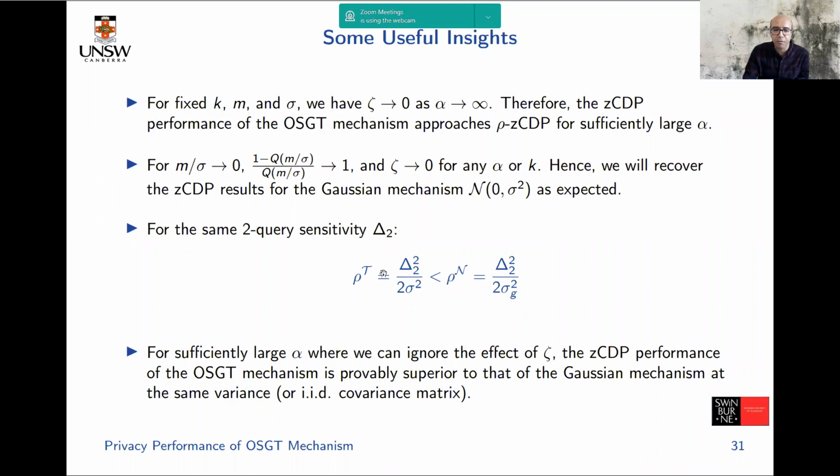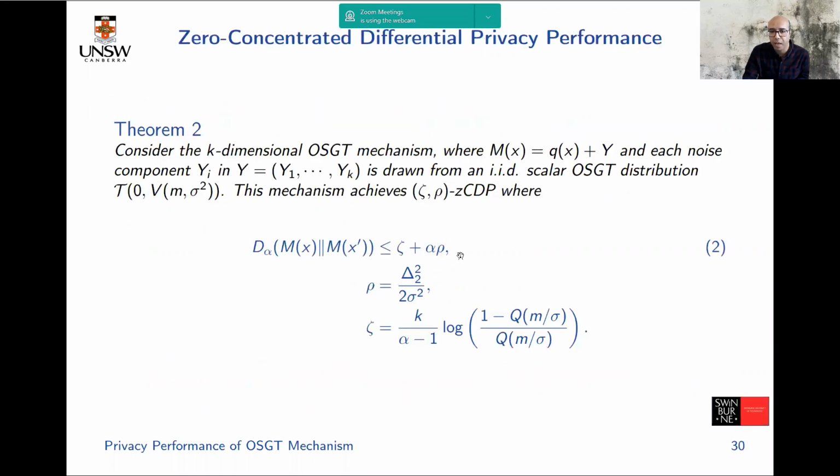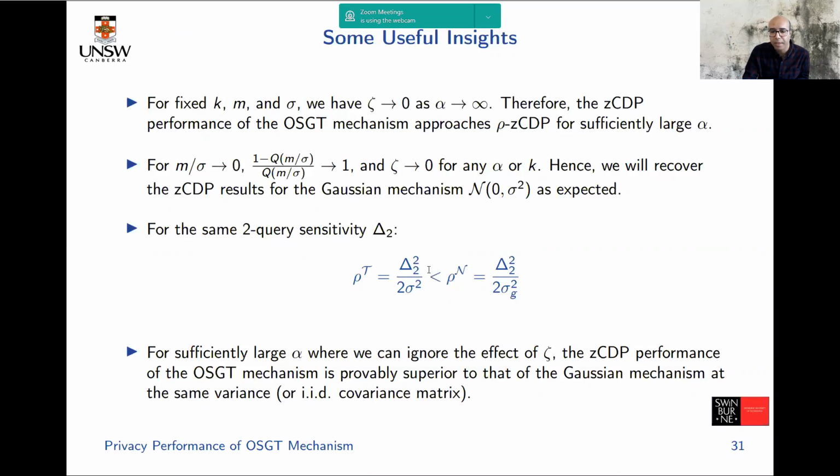And in general, for the same L2 query sensitivity, we can say that rho, which is the zCDP parameter of OSGT, is less than the rho that you can find for the Gaussian distribution.